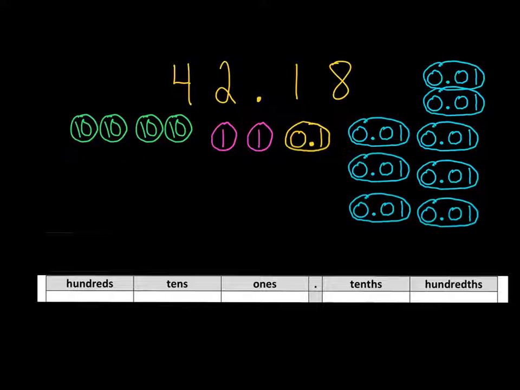If we were to write this out in expanded form, we would have to say, how many copies of tens do we have? We have 4 copies of tens. So that would look like 4 copies of 10 plus 2 copies of 1 plus, how many tenths do we have?